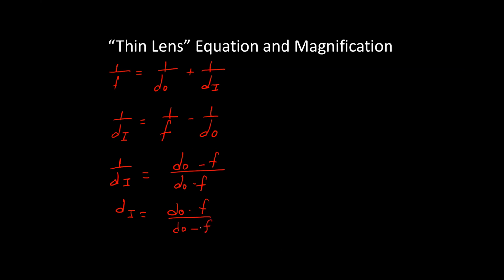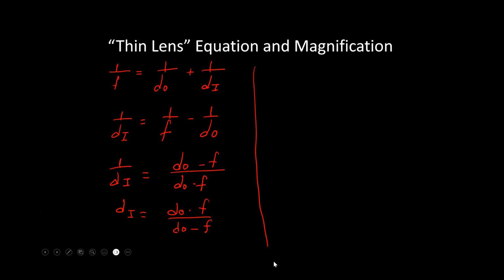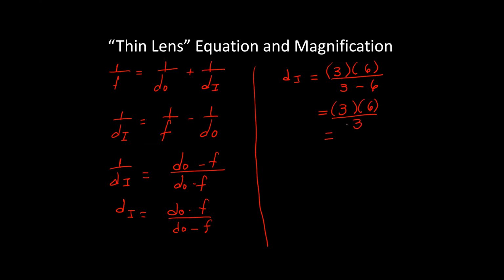So do is 3, f is 6. So di equals do times f over do minus f, which is 3 times 6 over 3 minus 6. Here we have 3 times 6 over negative 3. The 3's cancel out, leaving me with negative 6 units. So negative 6 units, it's virtual.